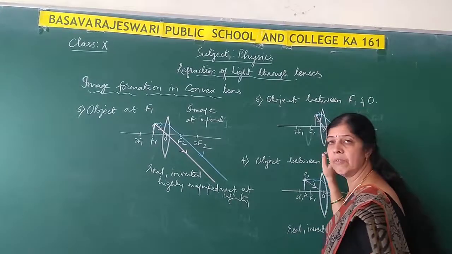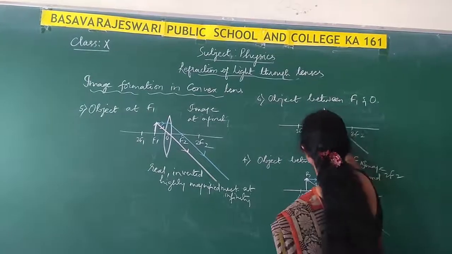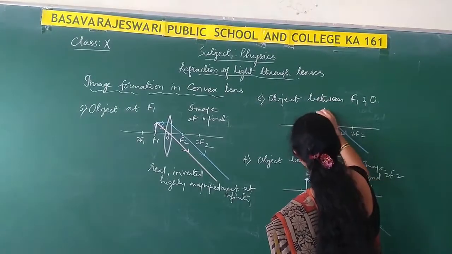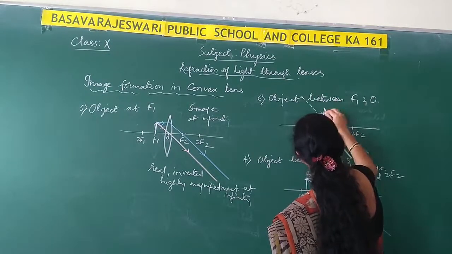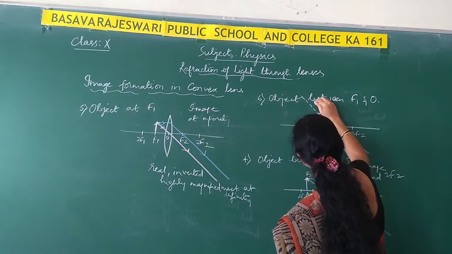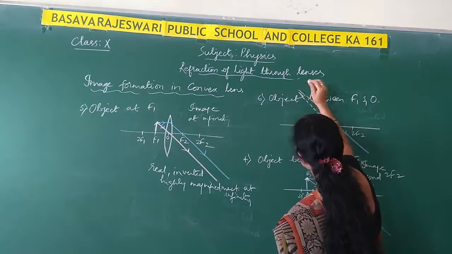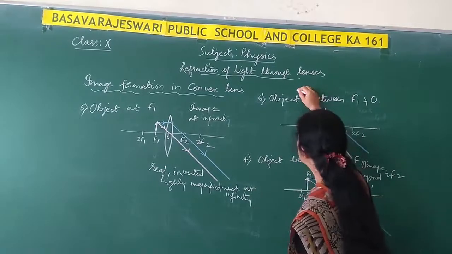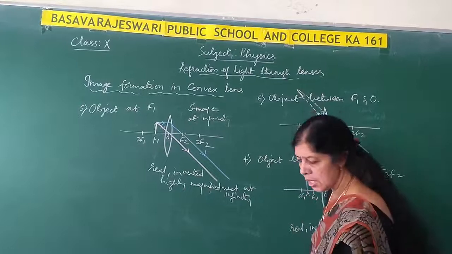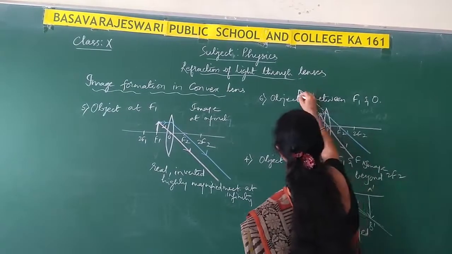To obtain the image, what you have to do is extend these two rays backwards. So I am extending the two rays backwards. And when extended backwards, they will meet at a point, and there the image will be formed.